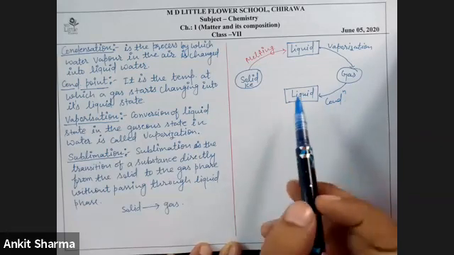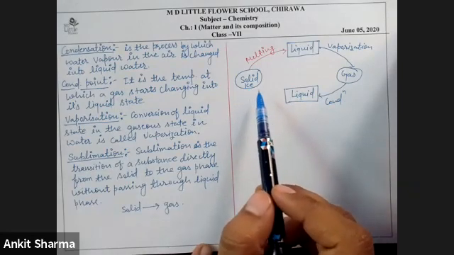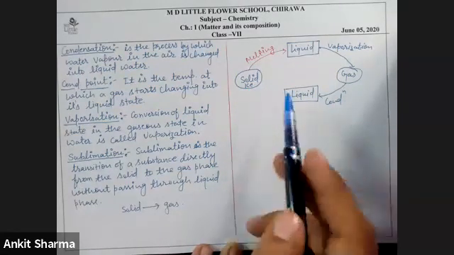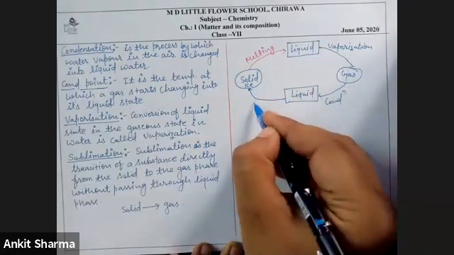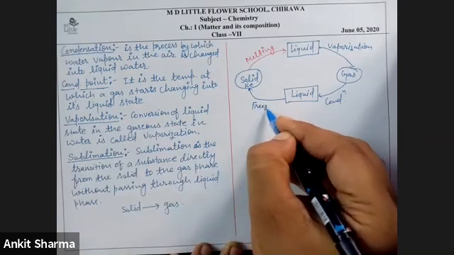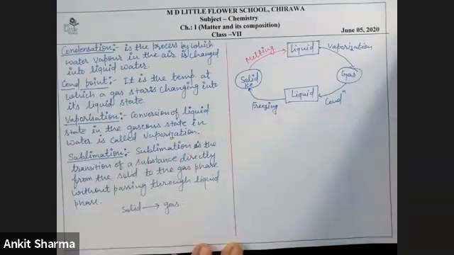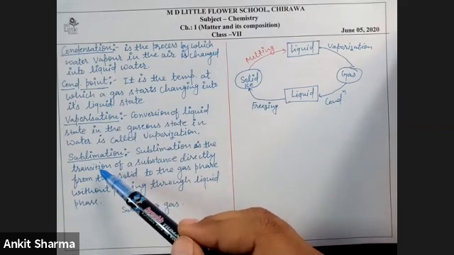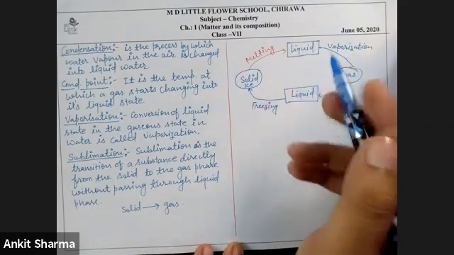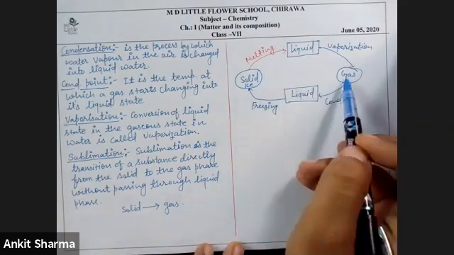Now tell me, how will we convert that liquid into solid again? By freezing. We have studied freezing in the last class. So by applying freezing, we will convert that liquid into solid again. Now one term is still missing here: sublimation. Sublimation is a process to convert a solid directly into gases.